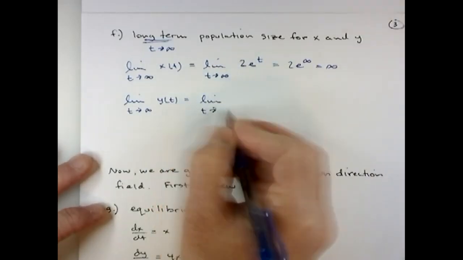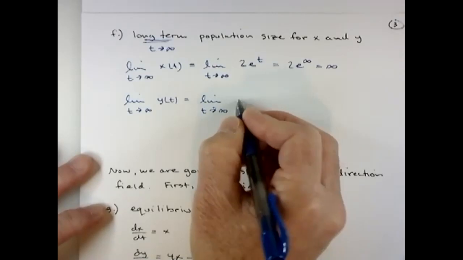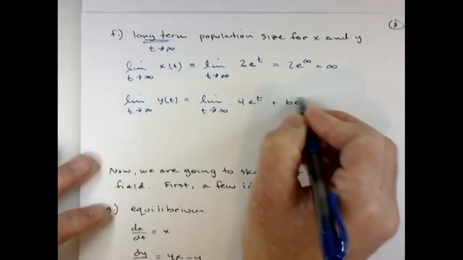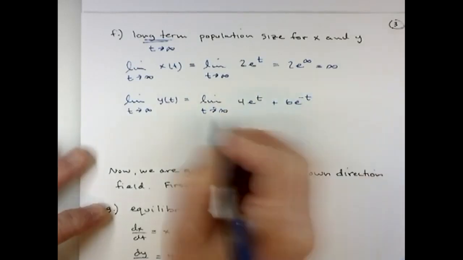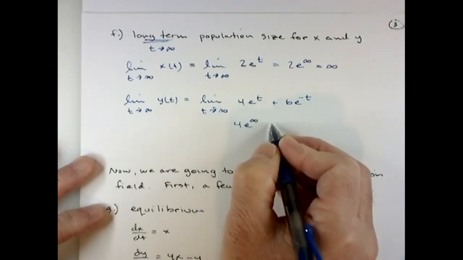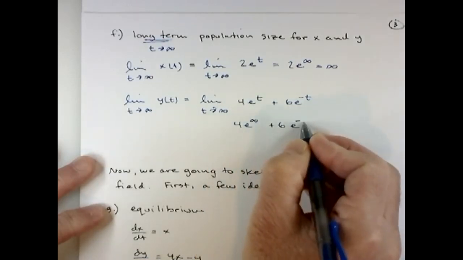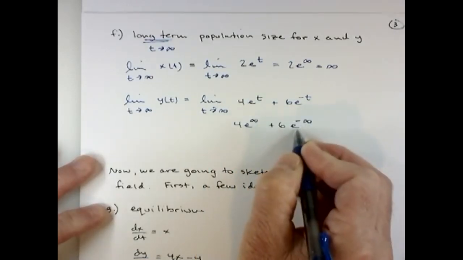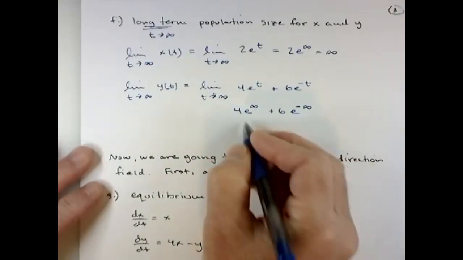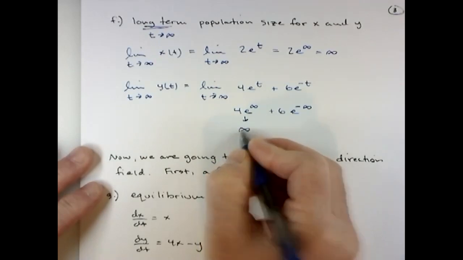Now, what happens to the suckerfish? That one was 4e to the t plus 6e to the negative t. And if you plug in infinity here, right, you have 4e to the infinity plus 6e to the negative infinity. Remember, we've seen this before. How do you interpret that? This is going to get infinitely big.